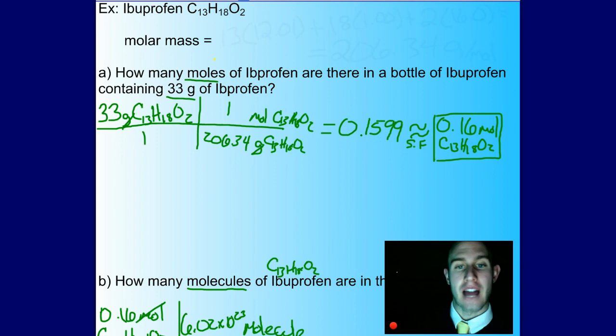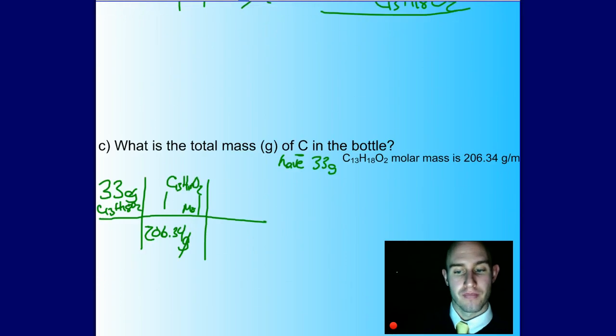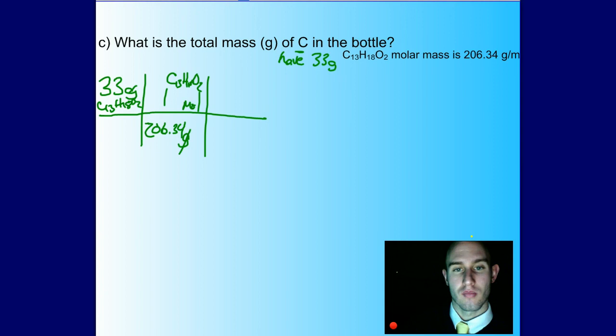So let's apply that mole ratio here to our problem. Right now, I'm going to apply this mole ratio as a conversion factor. If I have a mole of C13H18O2 up there, I know that I want a mole of C13H18O2 down here. And that's 1 mole of my compound.